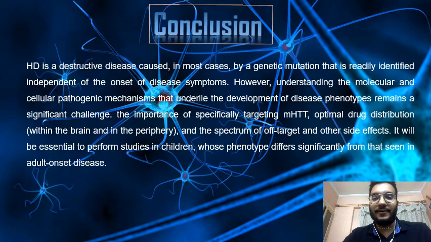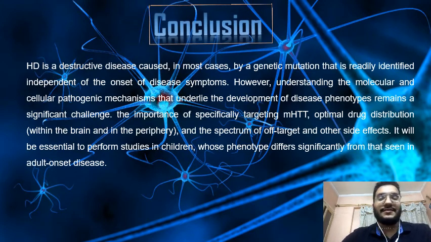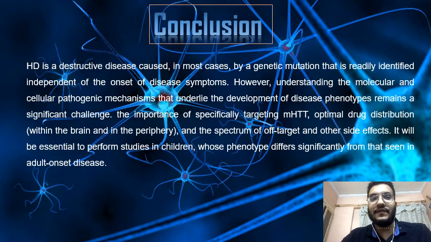Finally, conclusion. Huntington disease is a destructive disease caused by a genetic mutation that is readily identified independent of the onset of disease symptoms. However, understanding the molecular and cellular pathogenic mechanisms that underlie the development of disease phenotypes remains a significant challenge.